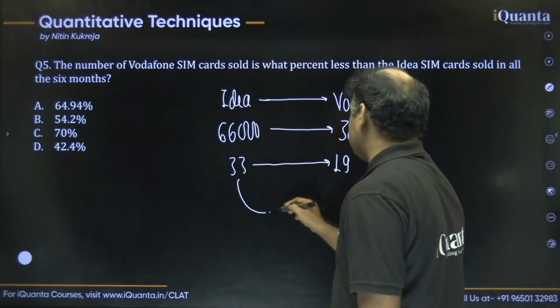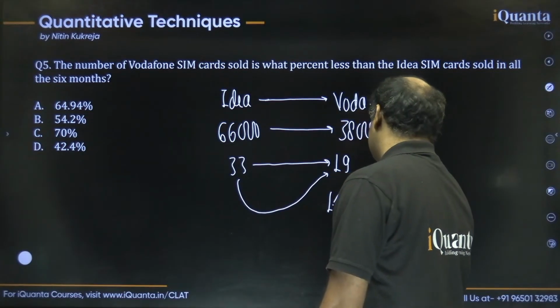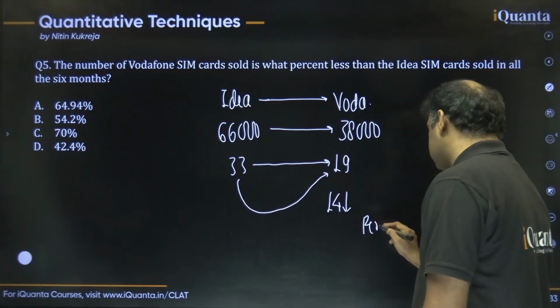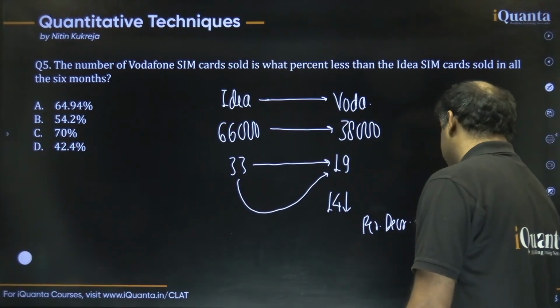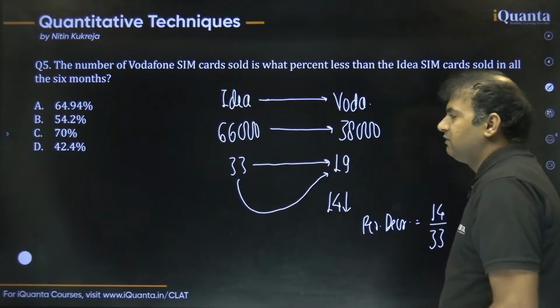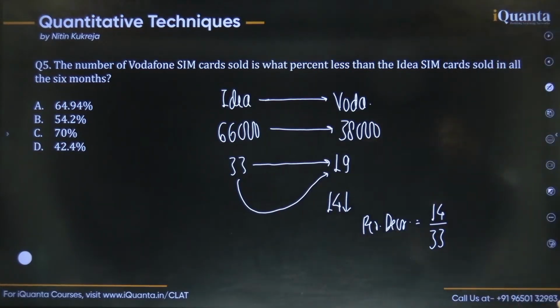Now the overall decrease is how much? The overall decrease is 14. But the question is about the percentage decrease. The decrease is 14 and the initial value is 33. So we just have to find that 14 is what percentage of 33.